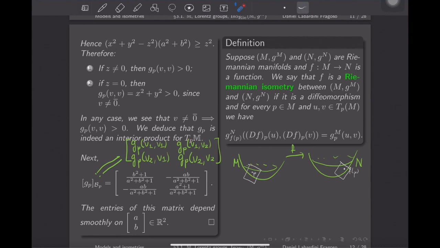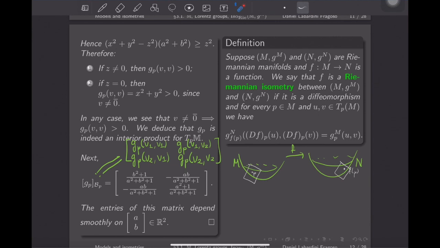When I see what it does at the level of tangent planes, measuring a vector before or after gives me the same. The length of a tangent vector is preserved by f. That's what it really means in the end, although to see what one has to write may be a bit intimidating at first.